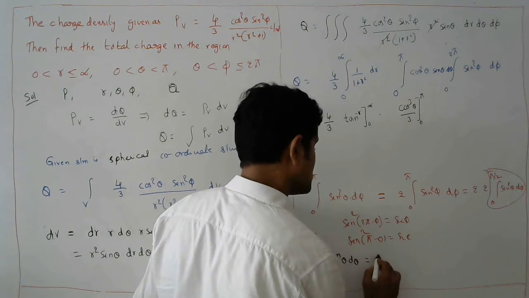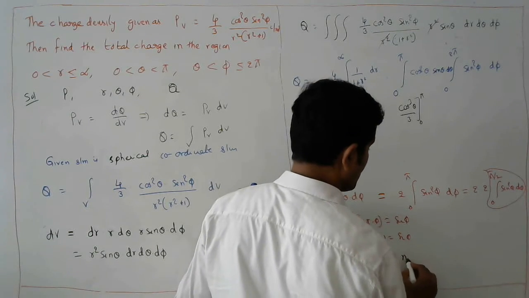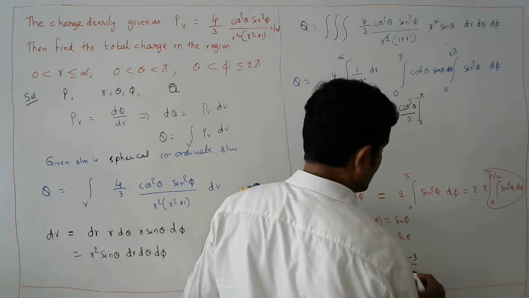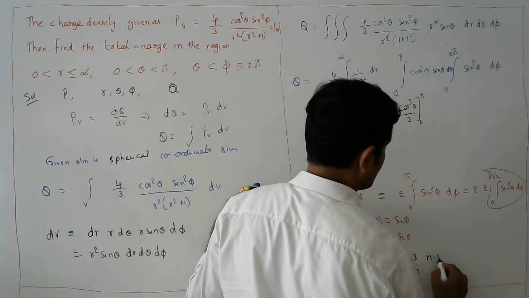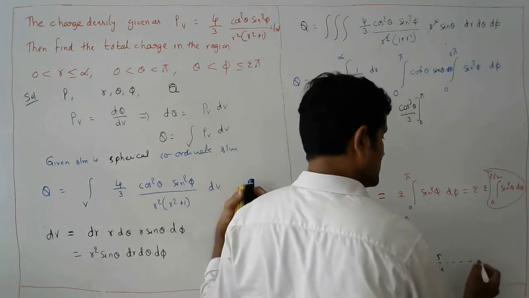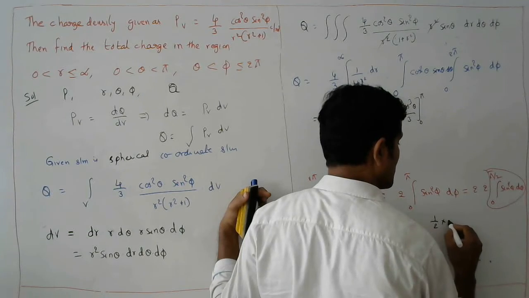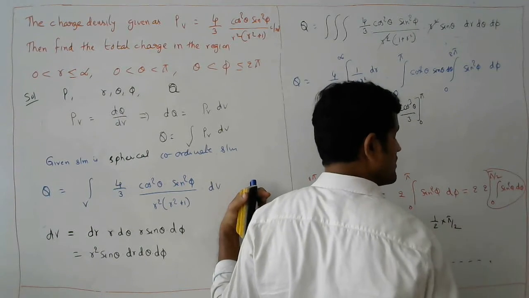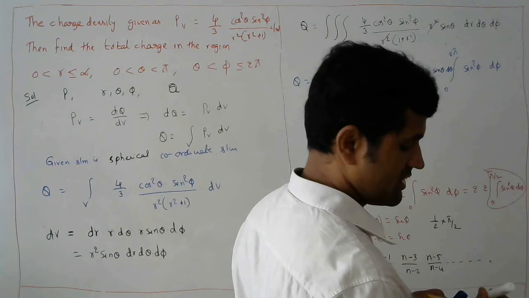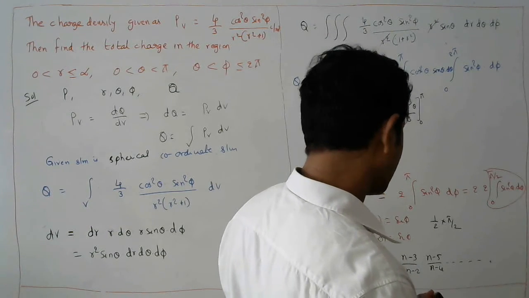We can write this as n minus 1 by n into n minus 3 by n minus 2 into n minus 5 by n minus 4, and so on. At the end, if you are getting 1 by 2, we have to multiply with pi by 2. Otherwise, no need to do any calculations. So this mathematical formula I am going to use.